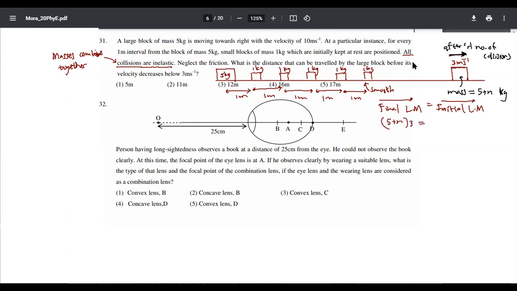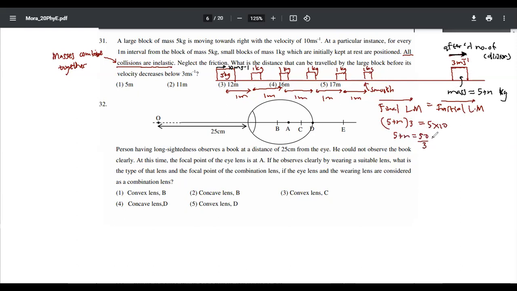Its initial velocity is 10 meters per second, given in the question. So 5 into 10 is 50. So 5 plus n is equal to 50 by 3.